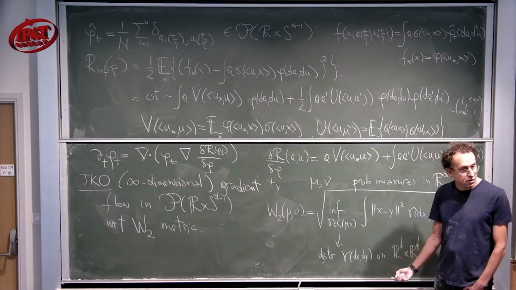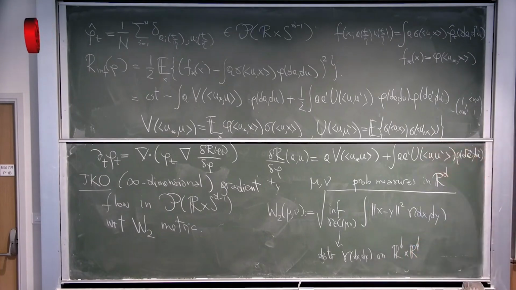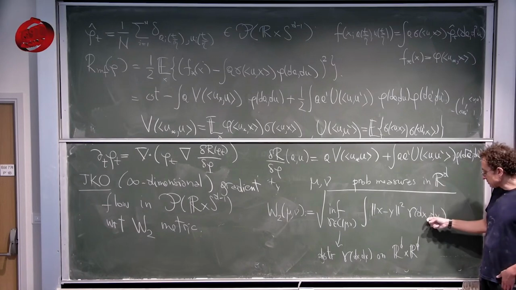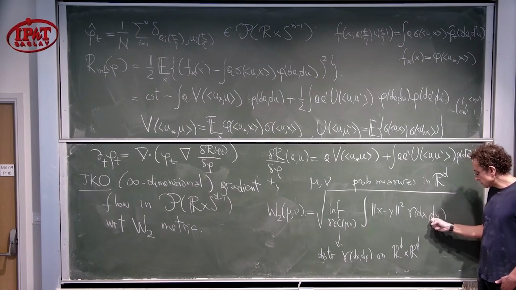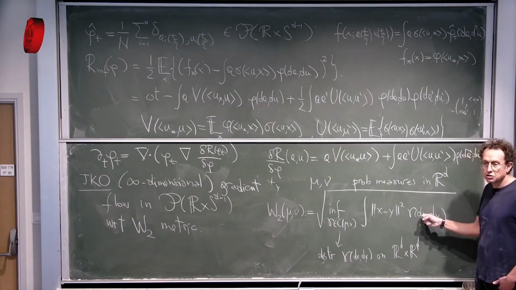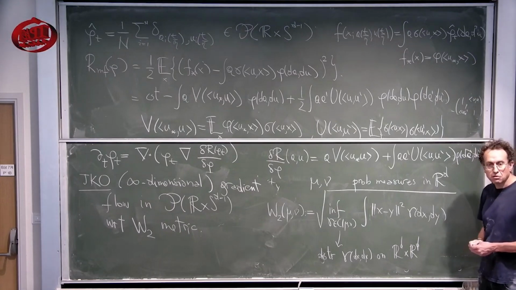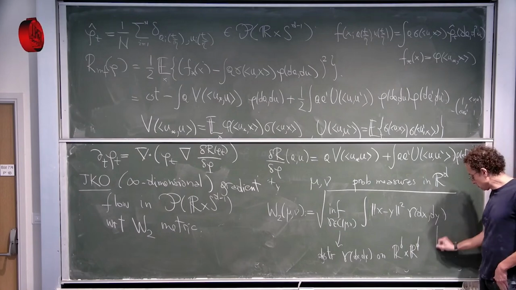Is this unique? This is a convex expression, it's a linear programming problem. So the interpretation is, if this coupling was deterministic, so for any x, the conditional distribution of y given x is a delta function, this would tell you how I should move mass.